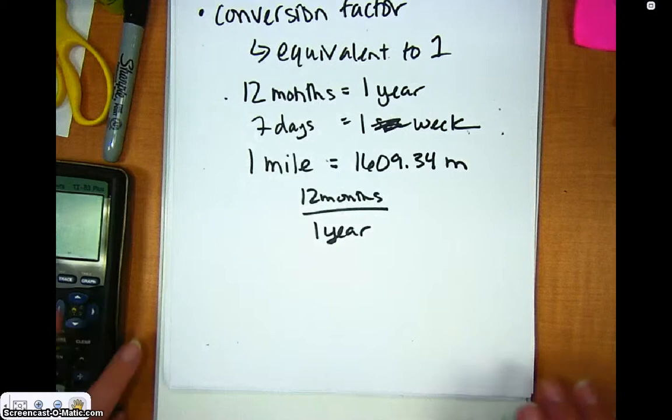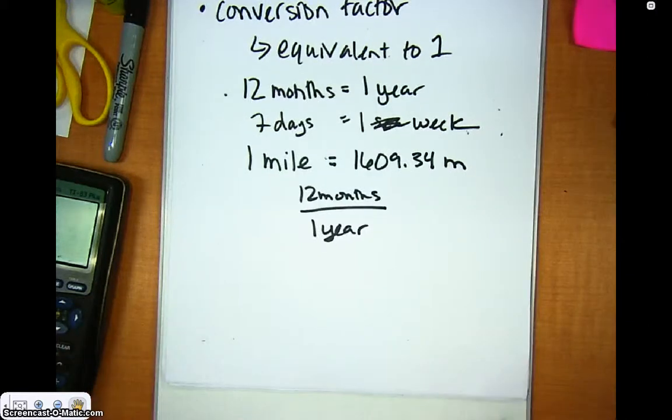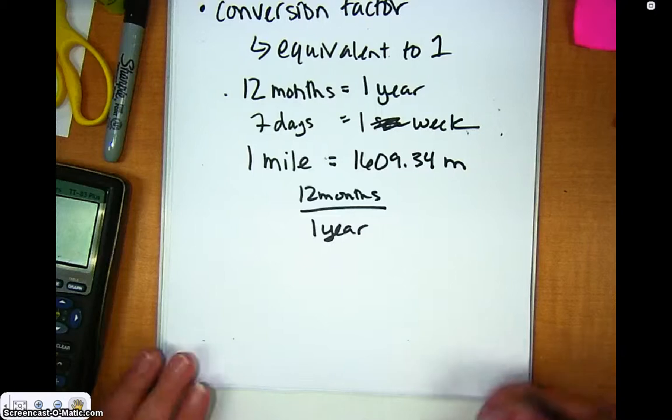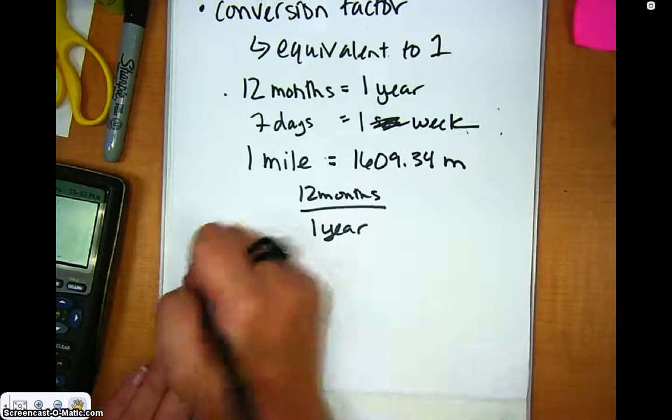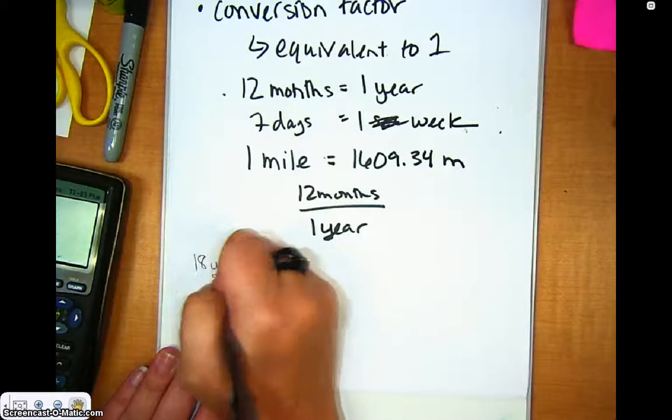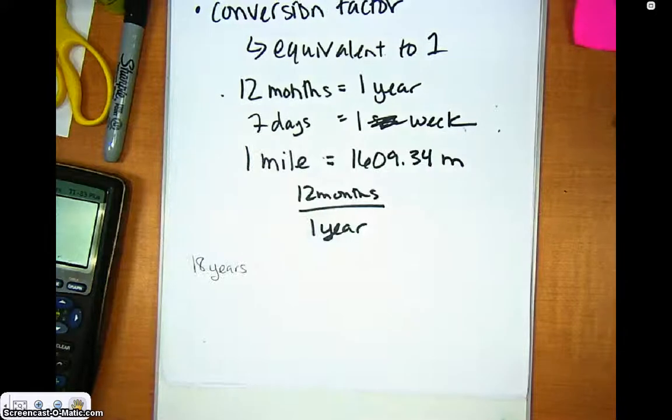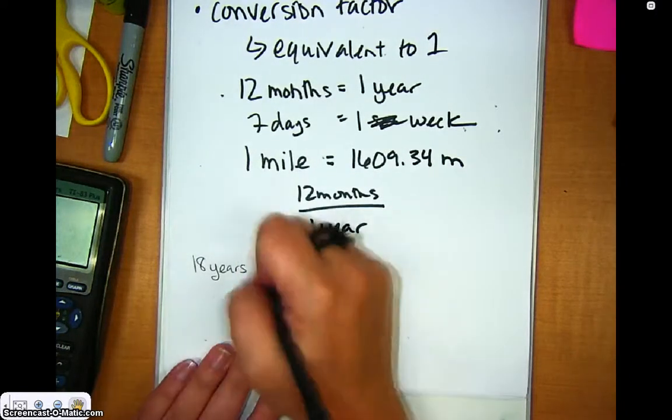Let's ask the question, how many seconds is a person alive before they become an adult? When you're an adult, you are 18 years old. So we are essentially asking how many seconds are in 18 years. So I'm going to convert from years to seconds.